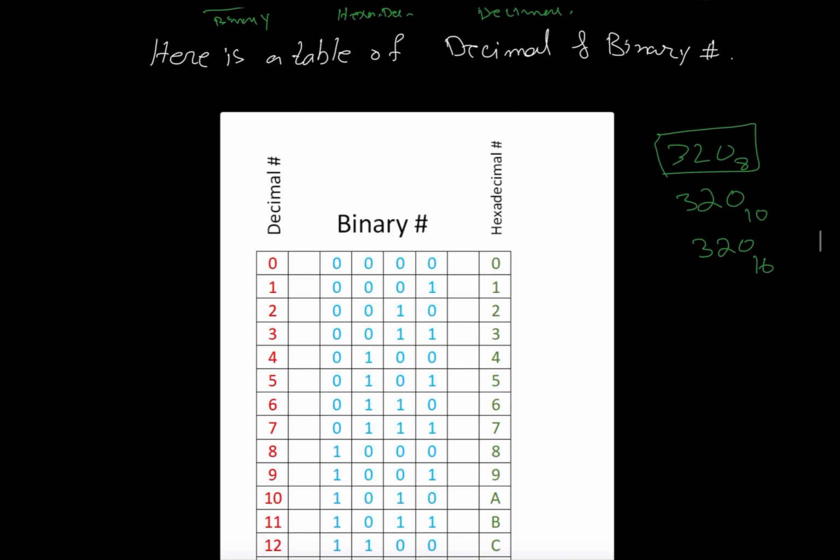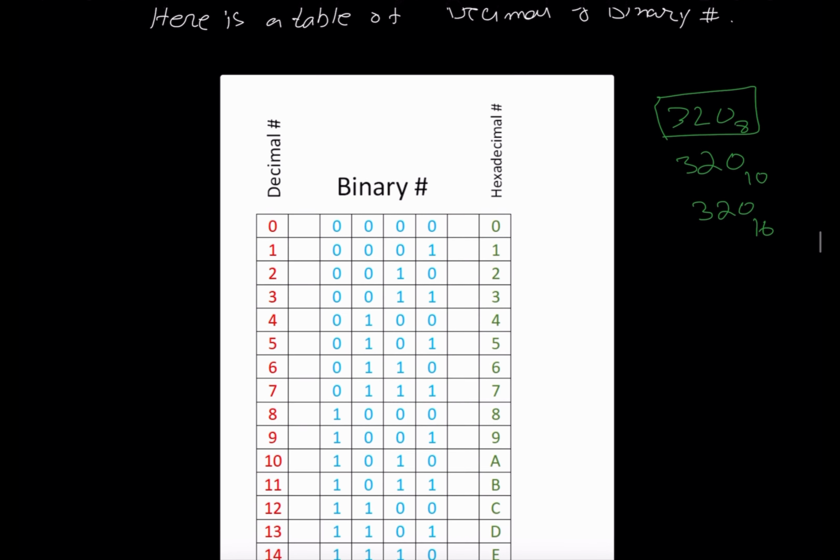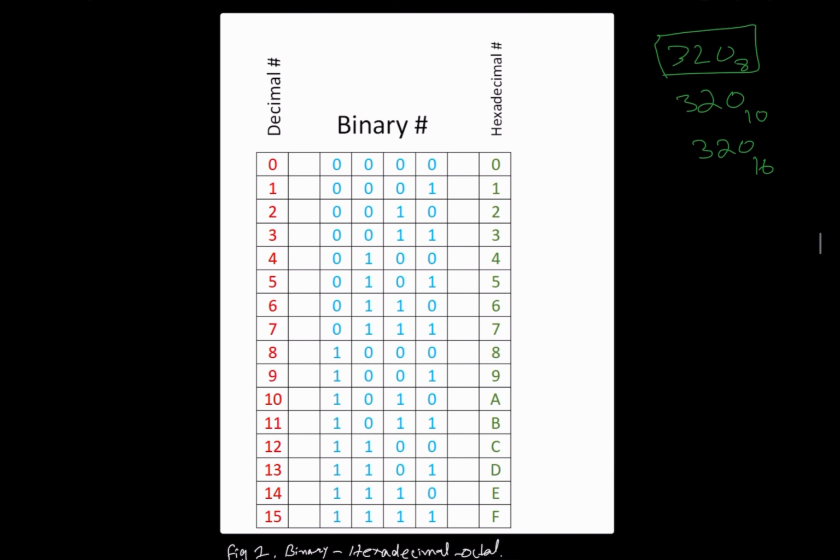Let's move on to this table, the table for binary, decimal, octal, and hexadecimal numbers. So this is 0 to 15, and this is a table for decimal, binary, and hexadecimal numbers.